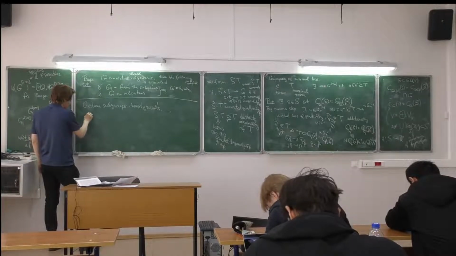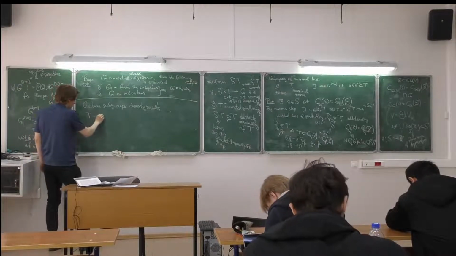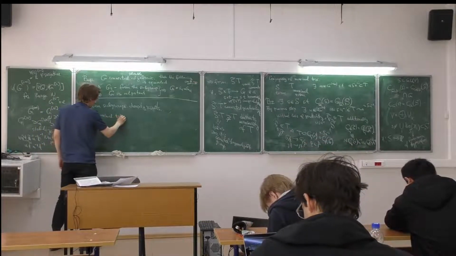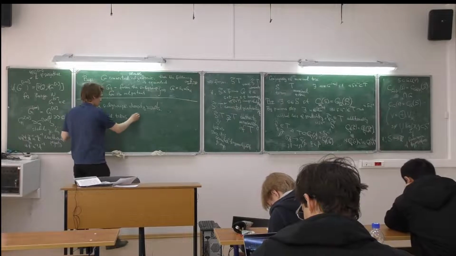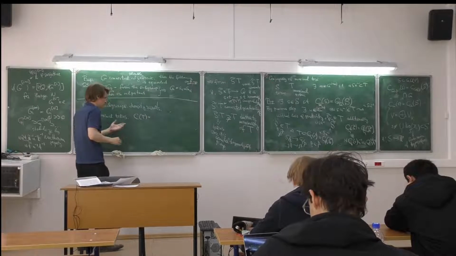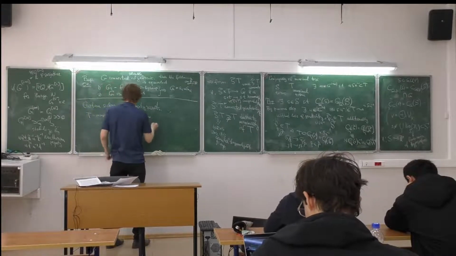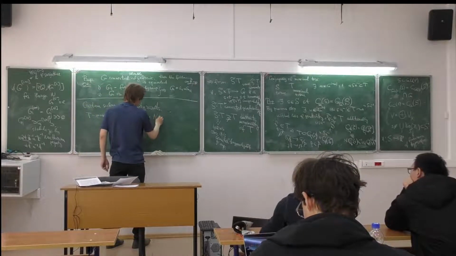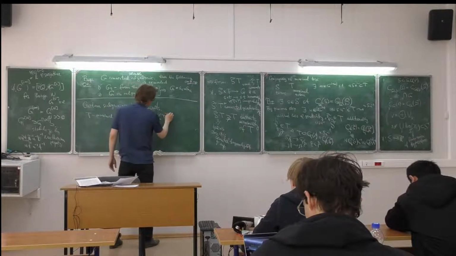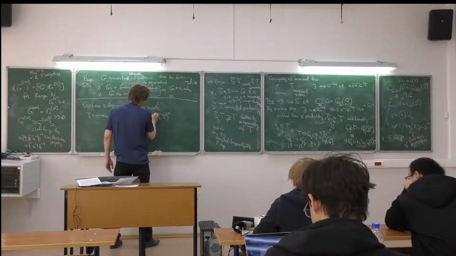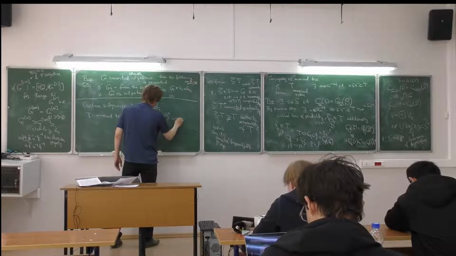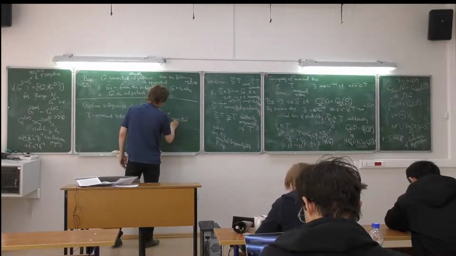So you take T a maximal torus, and C of T, the Cartan subgroup related to T, is defined as the connected component of the centralizer in G of some maximal torus.